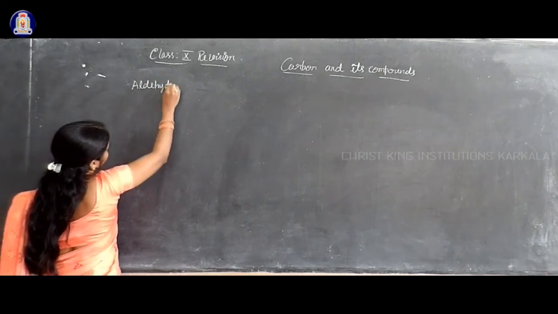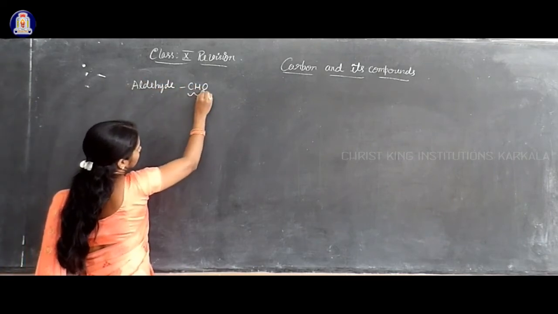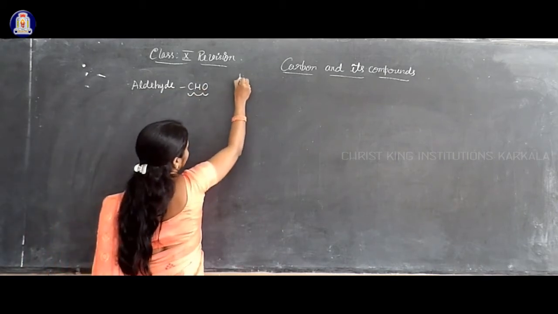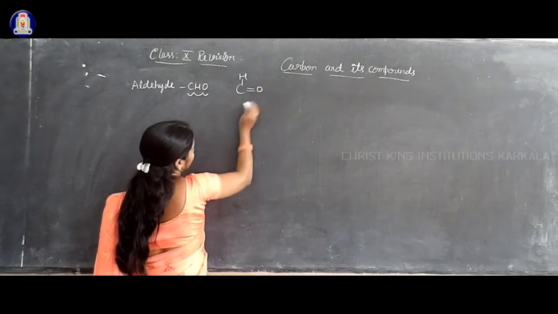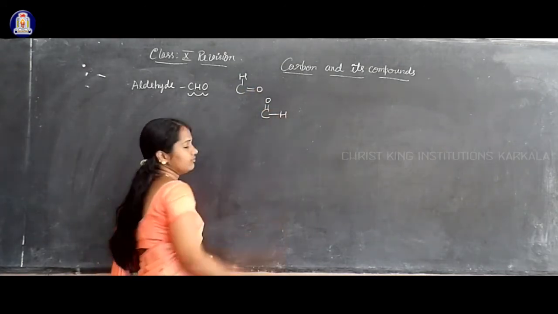The functional group of aldehyde is CHO. CHO is the functional group which can be written as C double bond O, H, or we can write C here, double bond O, here H. Anyway we can write.